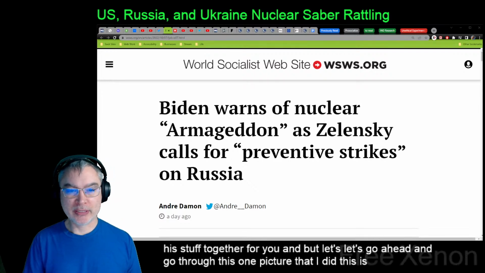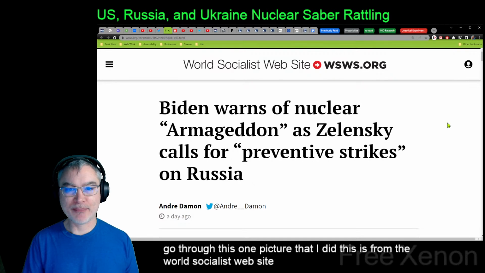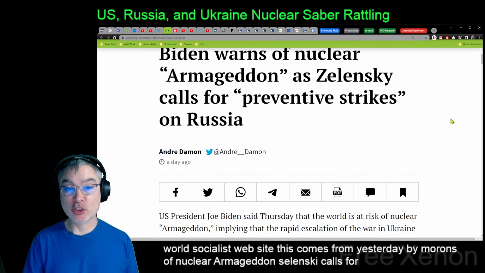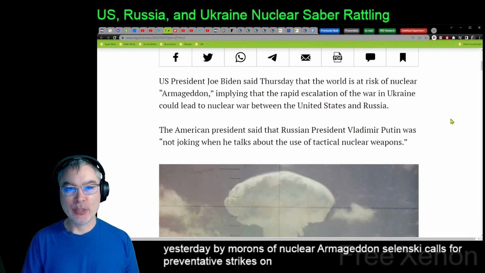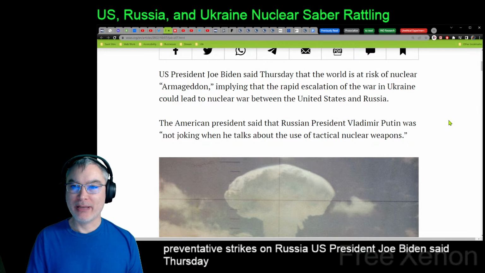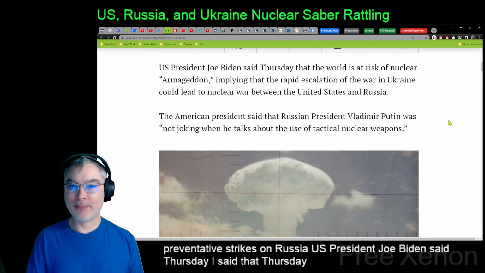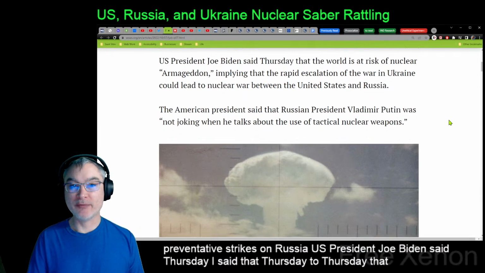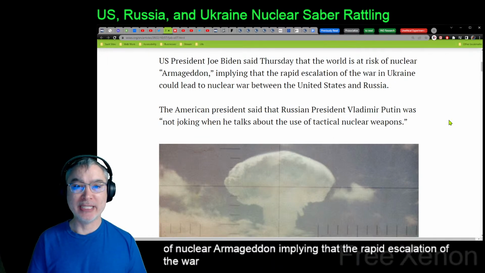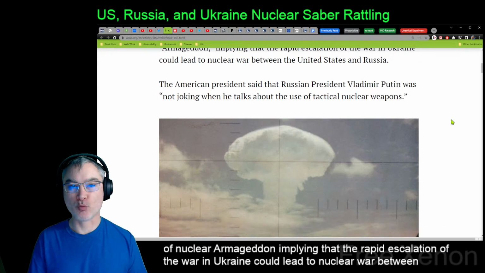This is from the World Socialist website. This comes from yesterday. Biden warns of nuclear Armageddon as Zelensky calls for preventative strikes on Russia. U.S. President Joe Biden said Thursday that the world is at risk of nuclear Armageddon, implying that the rapid escalation of the war in Ukraine could lead to nuclear war between the United States and Russia.